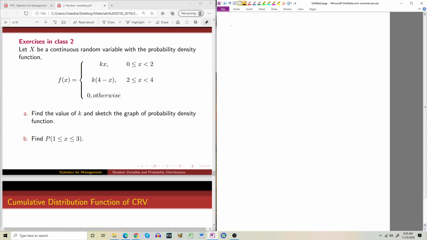I told you the clue is the summation is equal to 1. This is a clue.